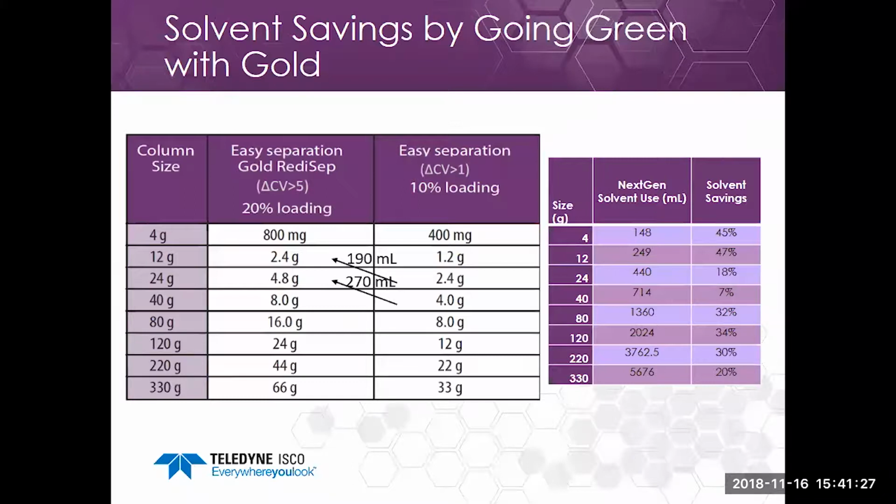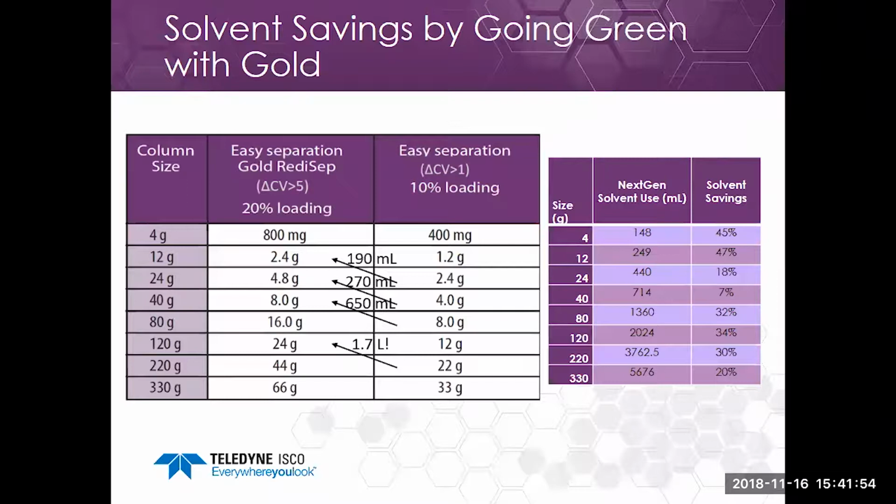So you can see how the savings are adding up as we go to larger columns and move down a column size here. The loading capacity for an 80 gram ReadySep column and a 40 gram ReadySep Gold column is the same. And so you're saving almost 650 milliliters by making that change. I'm going to go ahead and jump to our 220 gram column because it's a more direct comparison. You could load 22 grams onto a 220 gram column.